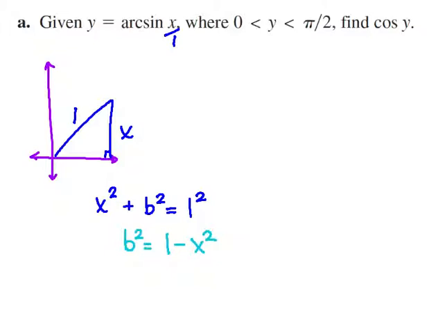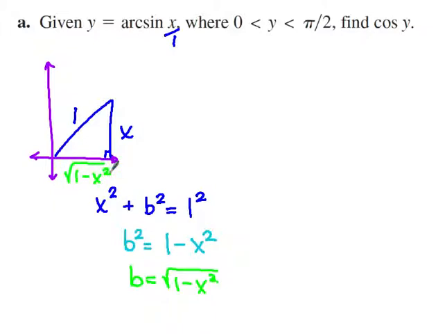You see where that comes from? So then what does b equal? Square root of 1 minus x squared. Now normally when we take the square root, we take both a positive and a negative. In this case it's got to be positive because of where it's located, because it's a positive x.